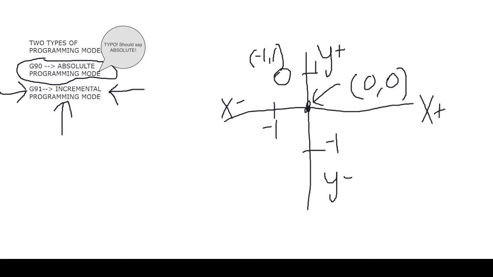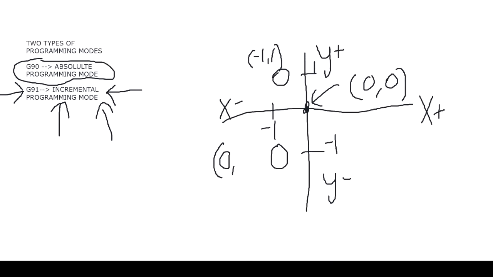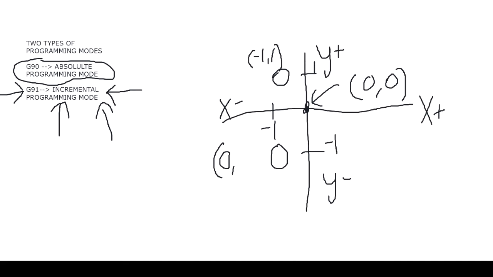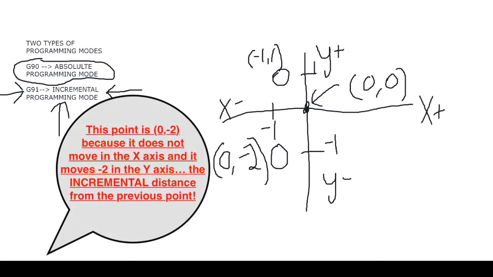But if your next hole was down here, where in absolute it was -1, -1, in incremental mode, G91, it would be your amount of movement from that last location to your new location. The X would be 0, and the Y would be -2. So 0, -2. My apologies on that. So this is incremental programming that point.